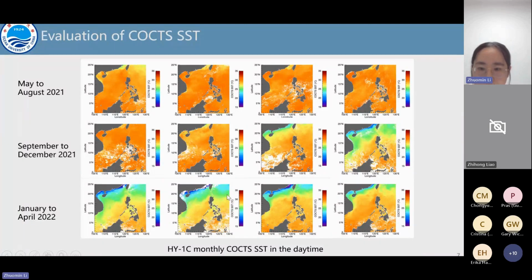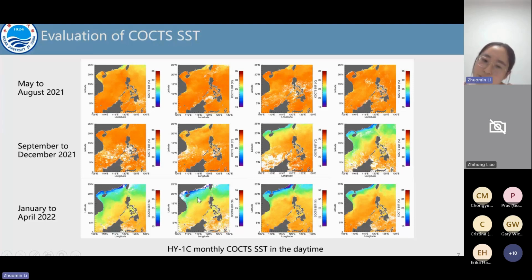And we can see from December 2021 to April 2022, there is an obvious crucial inversion front in the north of the Philippines, and in the central south of the South China Sea, there is an obvious temporal front.